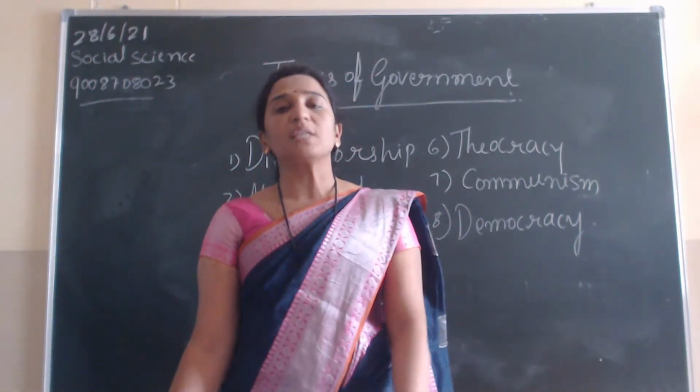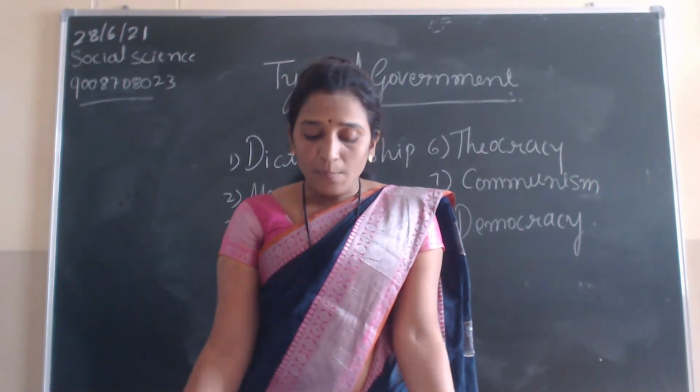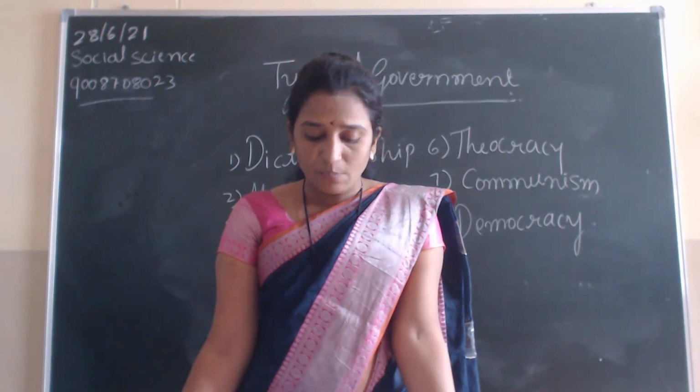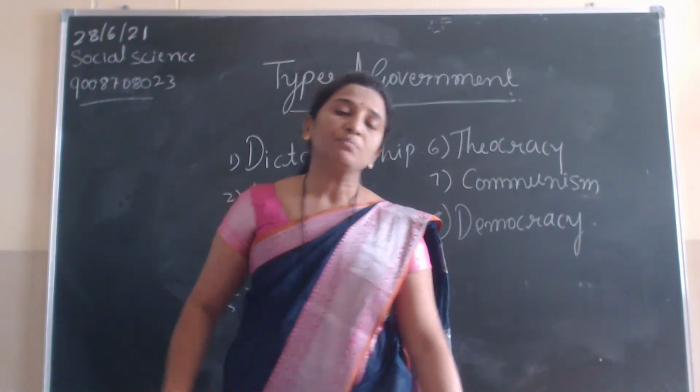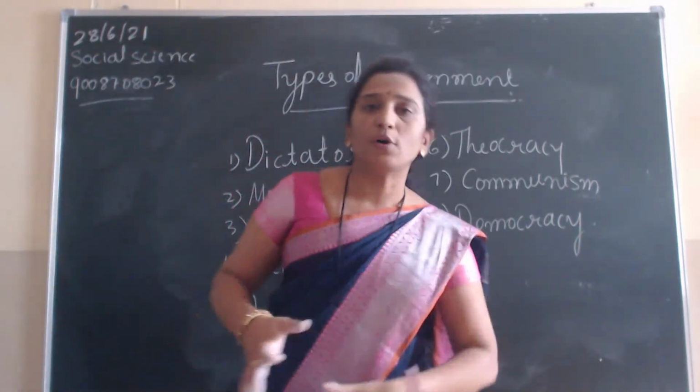Dictatorship is nothing but an authoritarian form of government characterized by a single leader or a group of leaders with limited participation of the common people. It indicates leadership qualities.